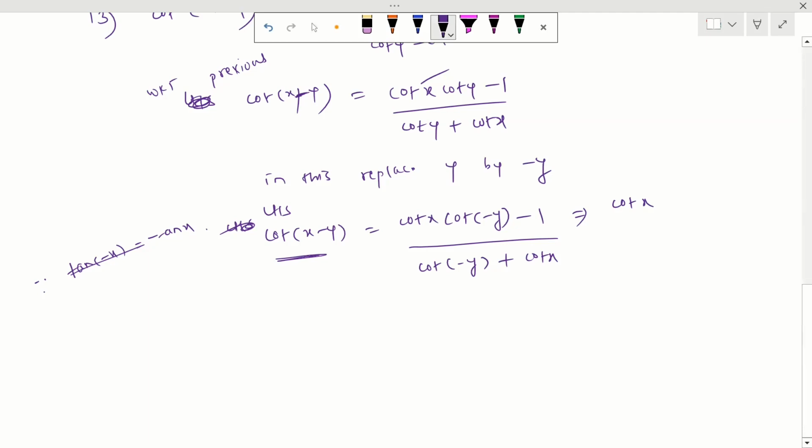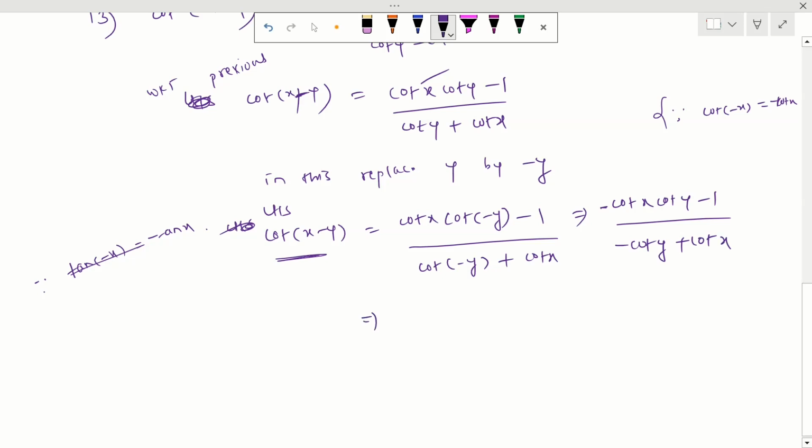You just write cot of minus x is minus cot x, because tan of minus x is minus tan x and cot is its reciprocal, therefore it is minus cot x. So cot of minus y is minus cot y, then it is cot x cot y minus 1, and cot of minus y is minus cot y plus cot x.